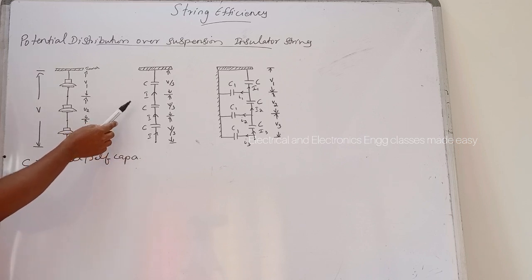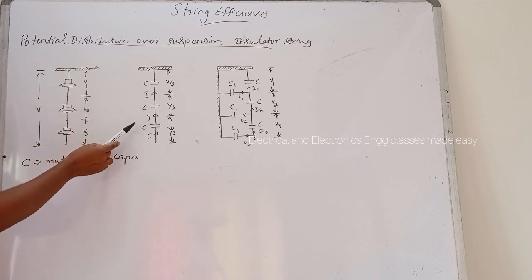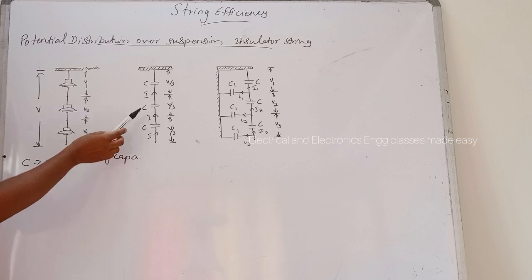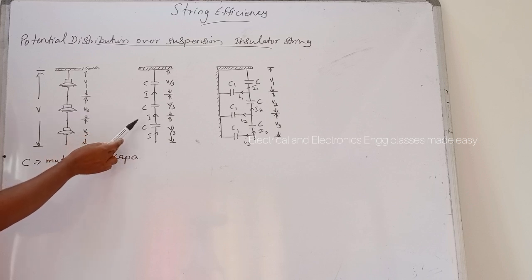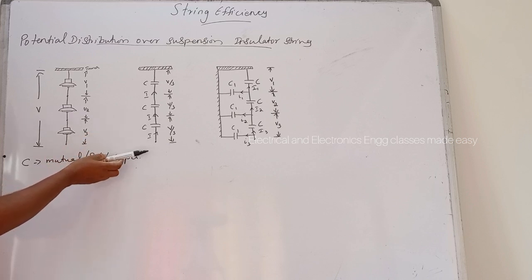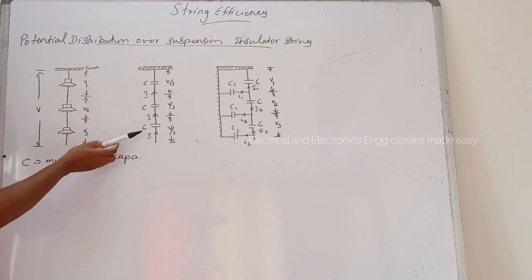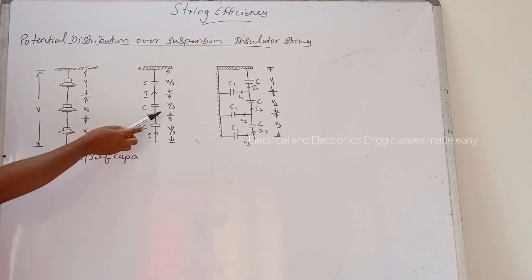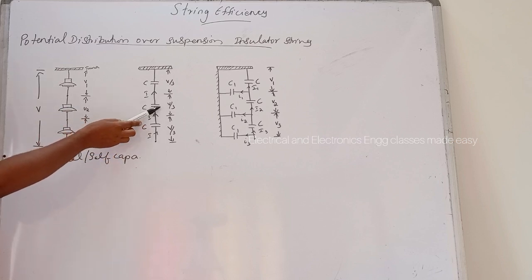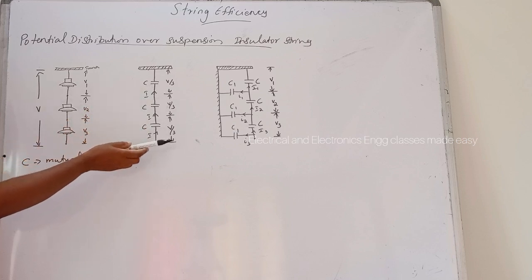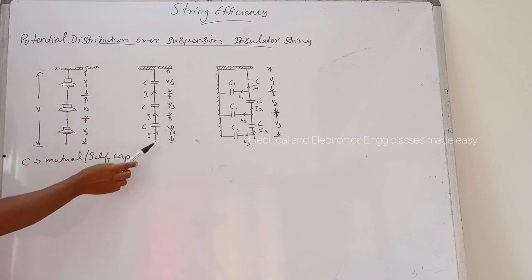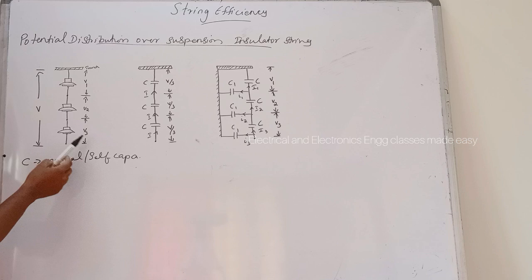And if there were mutual capacitance alone, then the charging current would have been the same through all the discs, and consequently the voltage across each unit would have been the same, say V by 3.